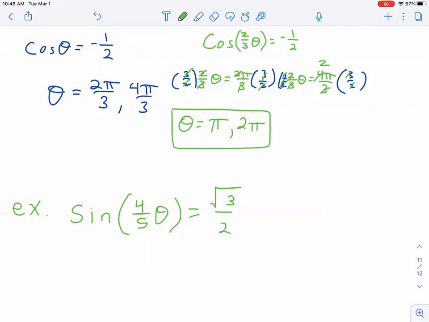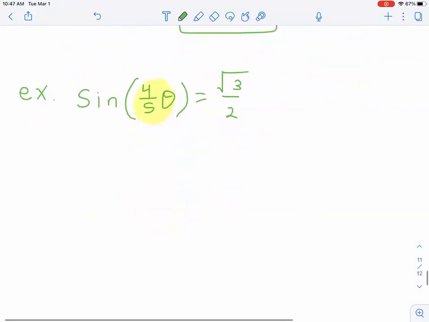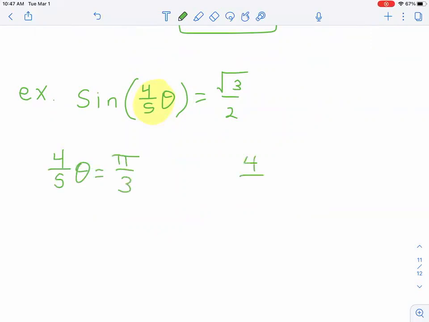Well, the sine, meaning the y value, is equal to √3 over 2 in the first quadrant at pi over 3, and since it's a y value, in the second quadrant at 2 pi over 3. So we set this equal to pi over 3 and equal to 2 pi over 3. So I do 4/5 theta equals pi over 3. And 4/5 theta equals 2 pi over 3.